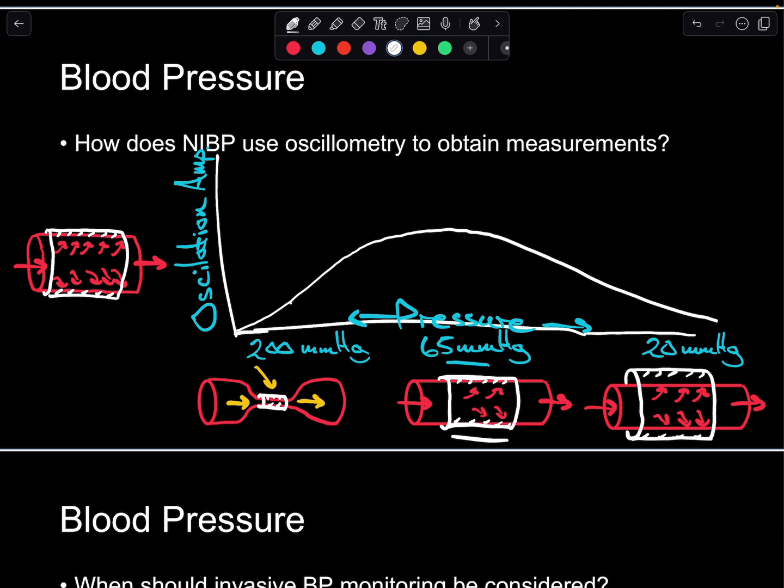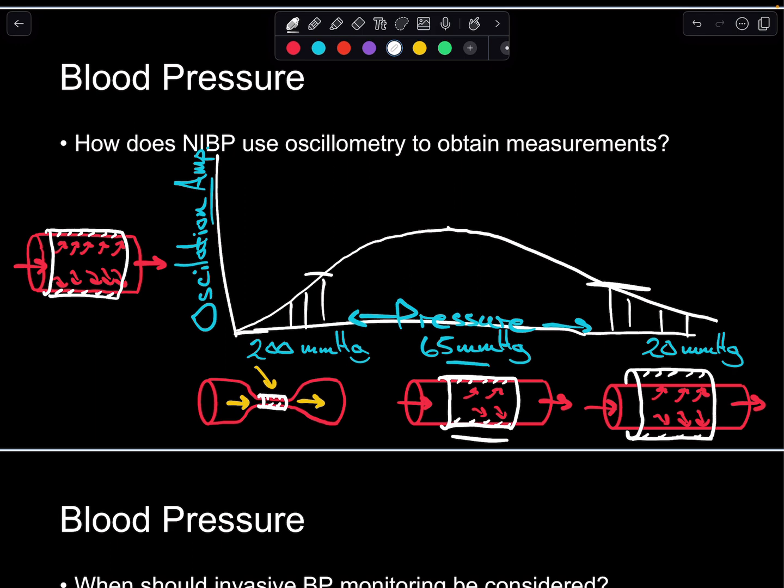So in this diagram over here, you have a minimal amount or a small amount of oscillations. These are oscillations that are being detected. And then on this side, you also have a small or minimal amount of oscillations that are being detected.